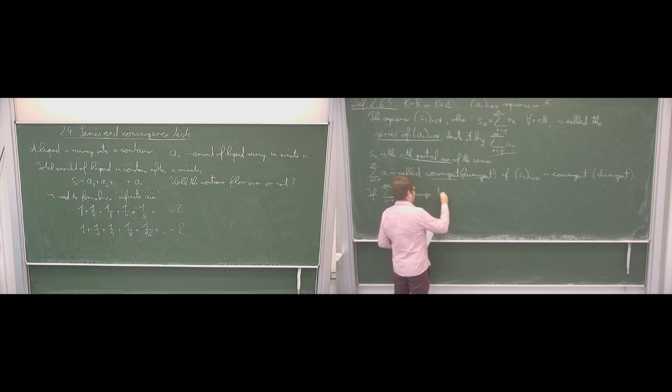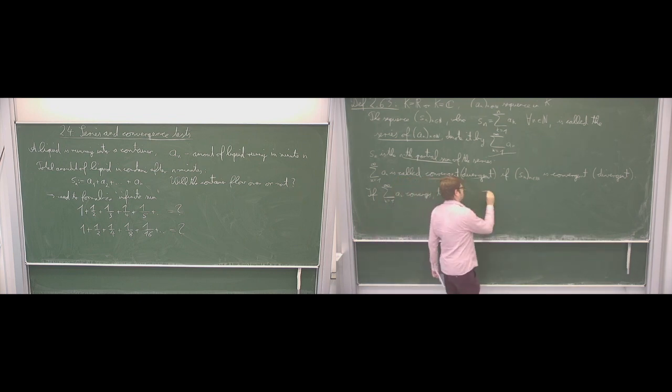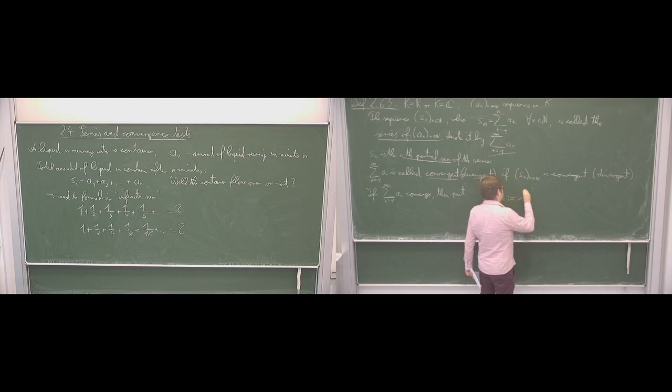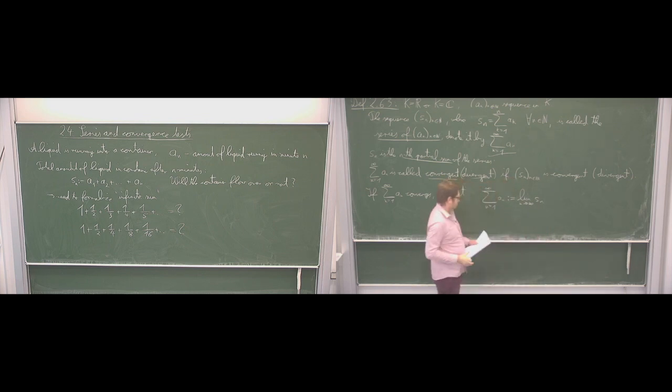then we abuse notation. Namely, we also denote the limit of this as the sum from n equal to 1 to infinity as well. So this then denotes the limit as n goes to infinity of S_n, which is an element of K. We also denote this as this infinite sum.